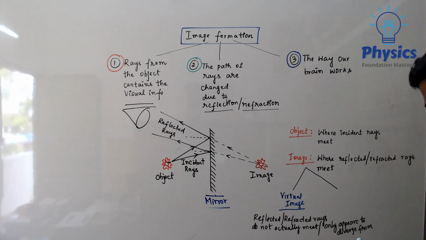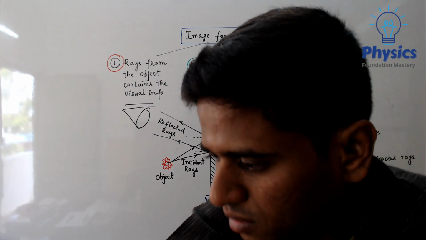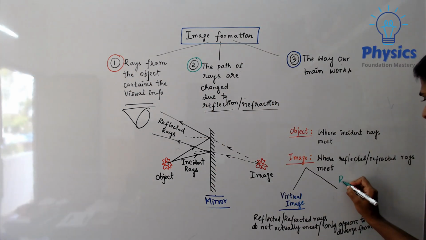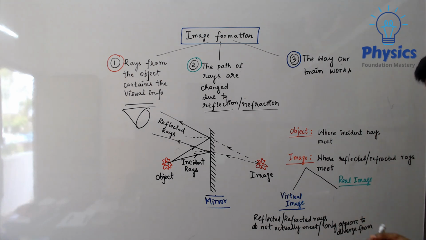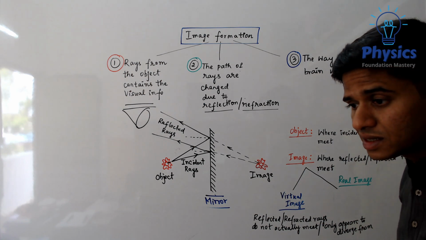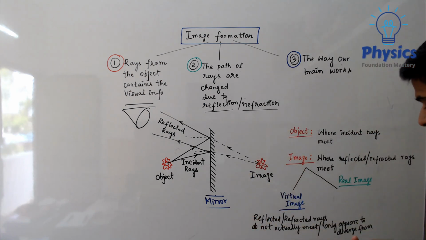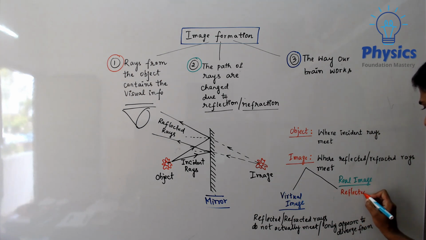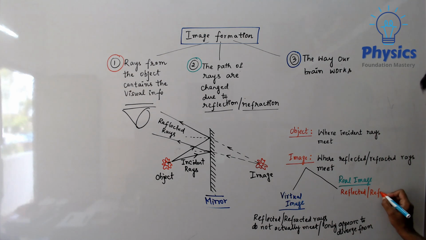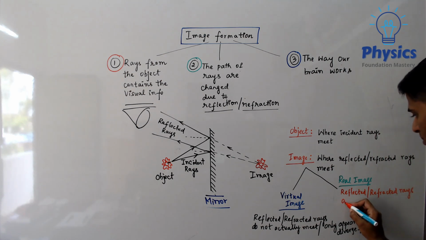However, a real image is when reflected or refracted rays actually meet.